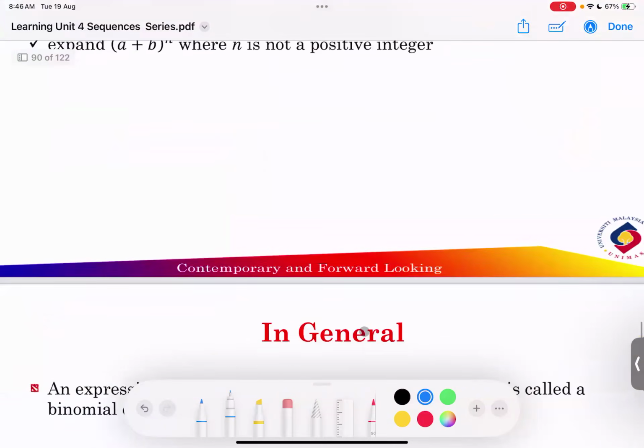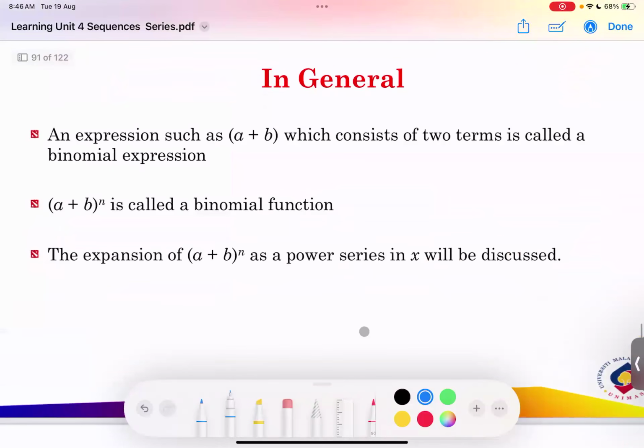Okay, so let's see here. In general, an expression such as a + b, which consists of two terms, is called a binomial expression. Bi means two.